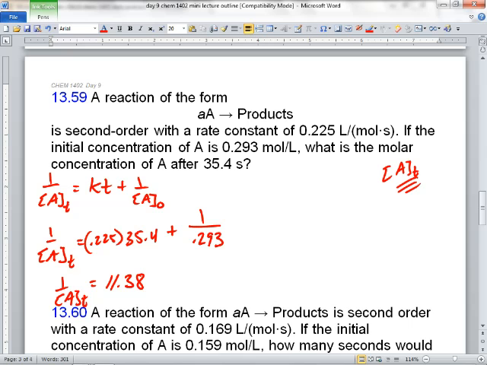You've seen this a lot. Move along the diagonals, switch them out. 1 over 11.38 is really going to be my concentration of A at time t. I got about 0.088.